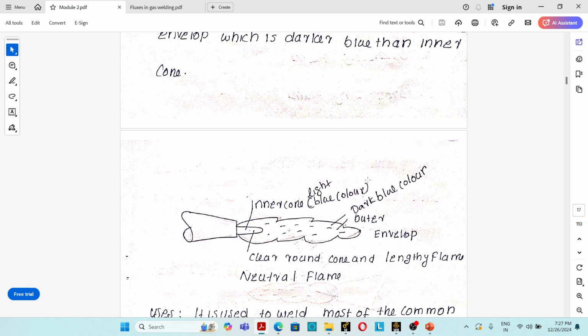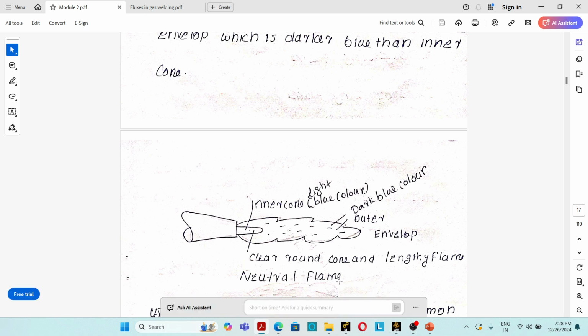In the case of a neutral flame, there is a distinct inner cone. A neutral flame consists of a distinct, clear, round inner cone which is light blue in color. It is surrounded by an outer flame envelope which is darker blue than the inner cone.